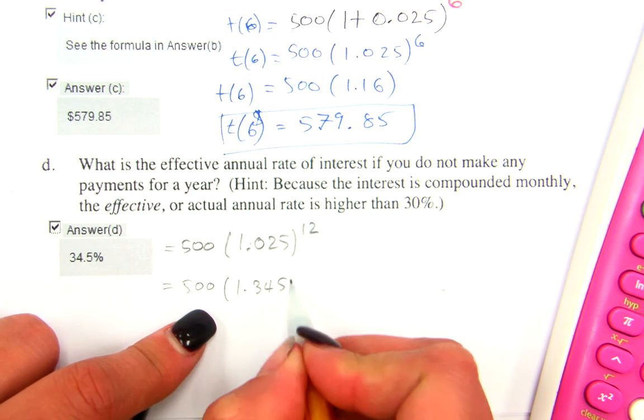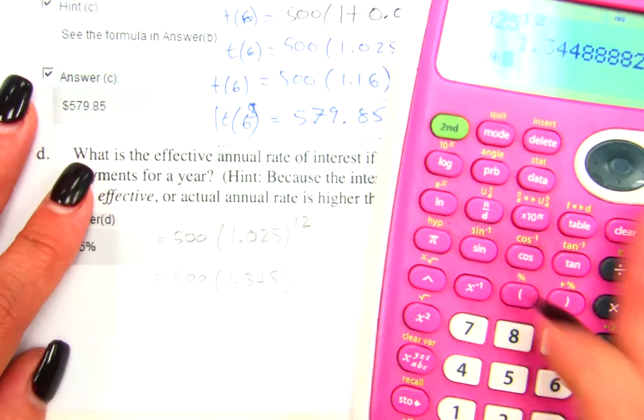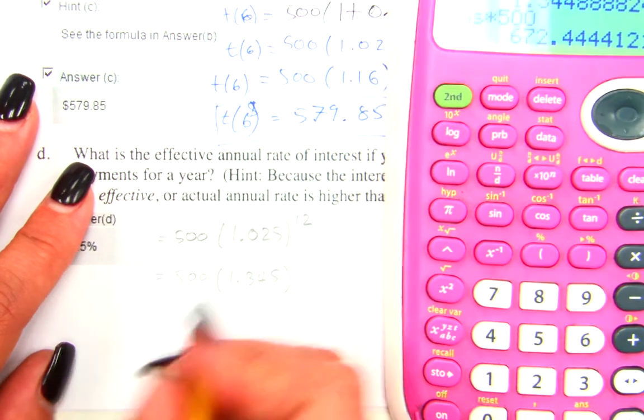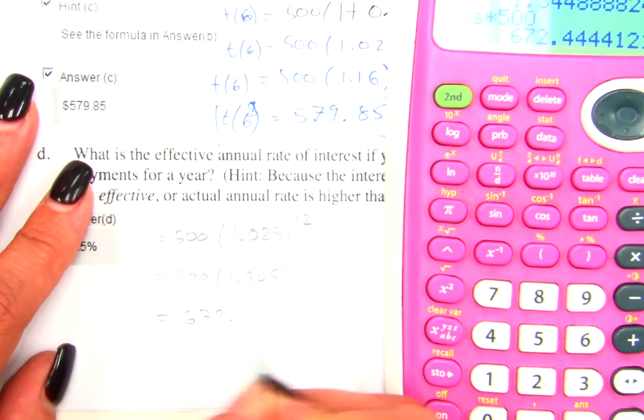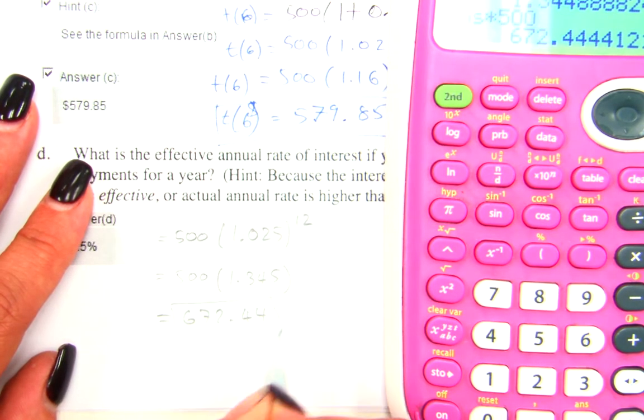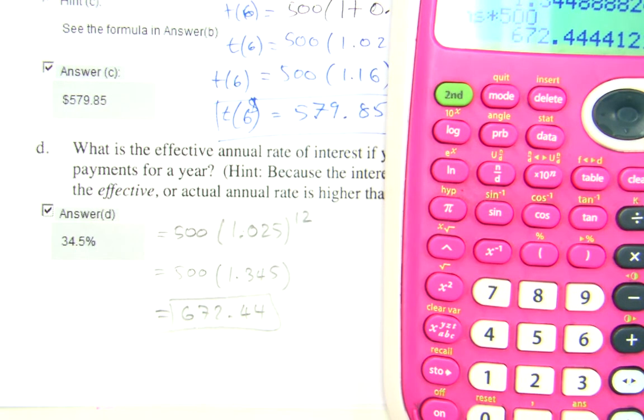I'm going to round to 1.345 in this case. Times 500 is equal to 672.44. Okay, so after 12 months, you really are going to pay. Let's say you got really lazy, you didn't have any money, you wanted this laptop or tablet, and then you're like, okay, well, I'm not going to pay any money on it. I'm really going to end up paying $672 after 12 months.